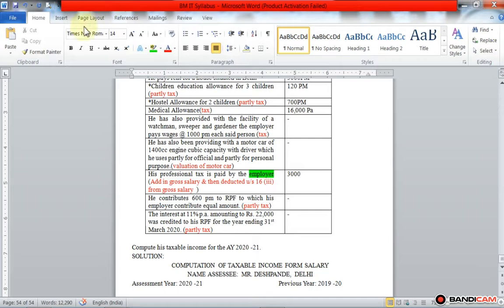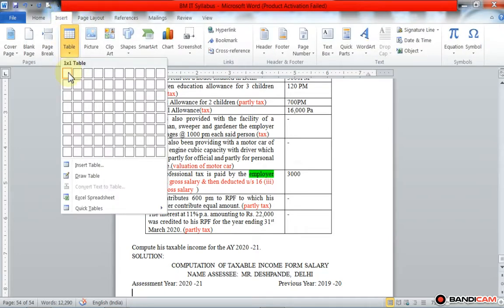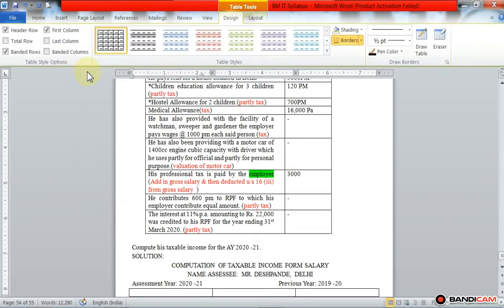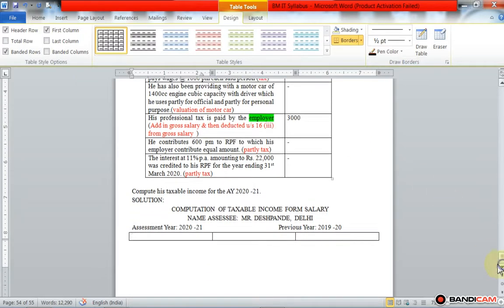Then prepare a 3 column table: particulars, rupees, and rupees.